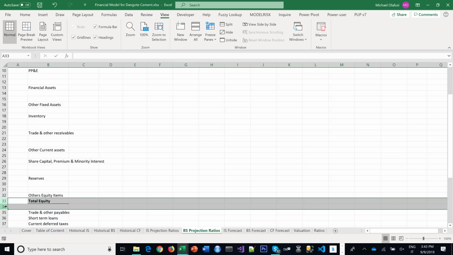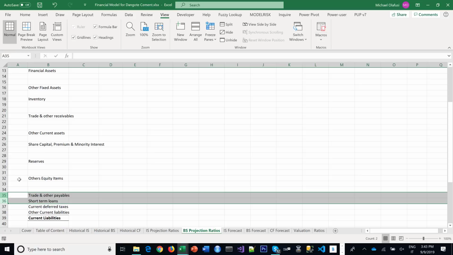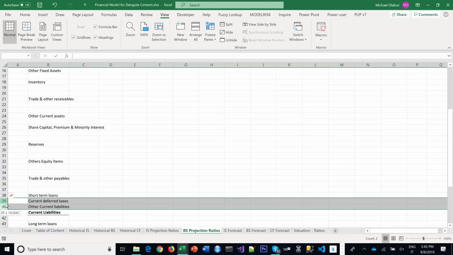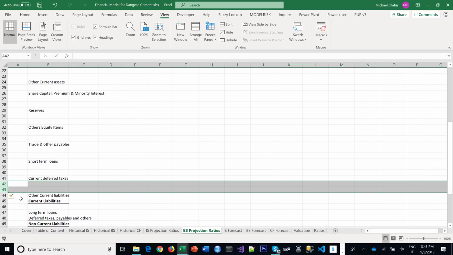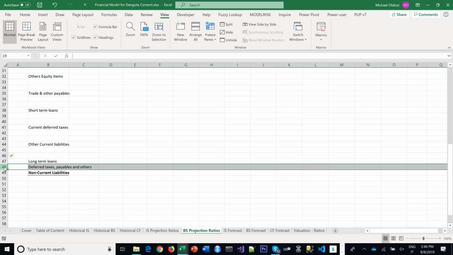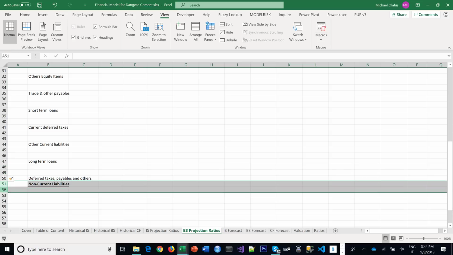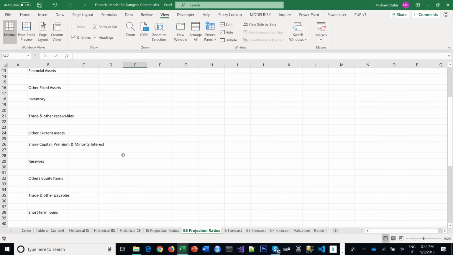Other equity items, you can take this one out. So these are the line items I'm going to forecast.